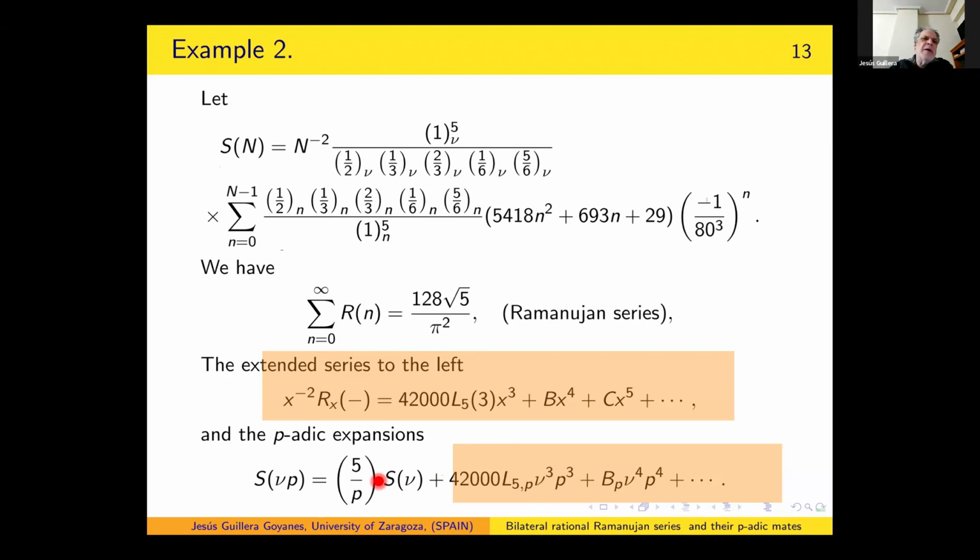Because the square pi written with the function gamma comes here with the p-adic gamma, and it's a p-adic gamma to the 4 that equals 1.